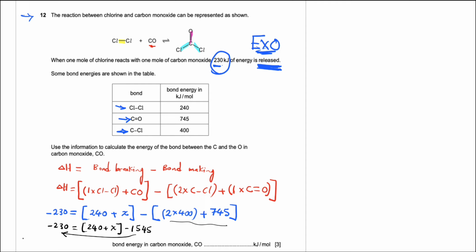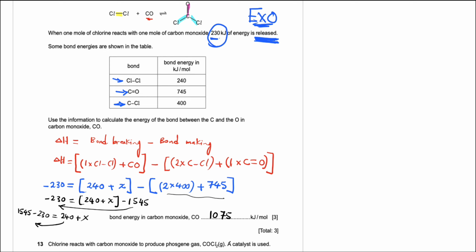So it's going to be 1545 minus 230 equals 240 plus x. And then once again move the 240 to the opposite side with the negative sign. So x is going to be 1075 kilojoules per mole. Just needs a bit of practice.